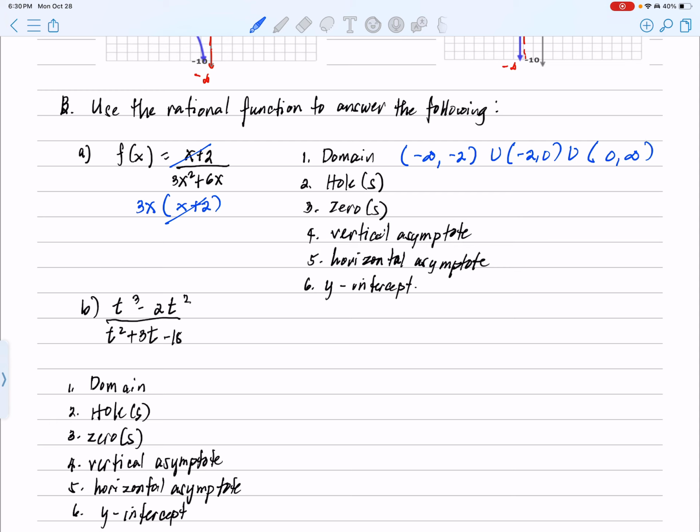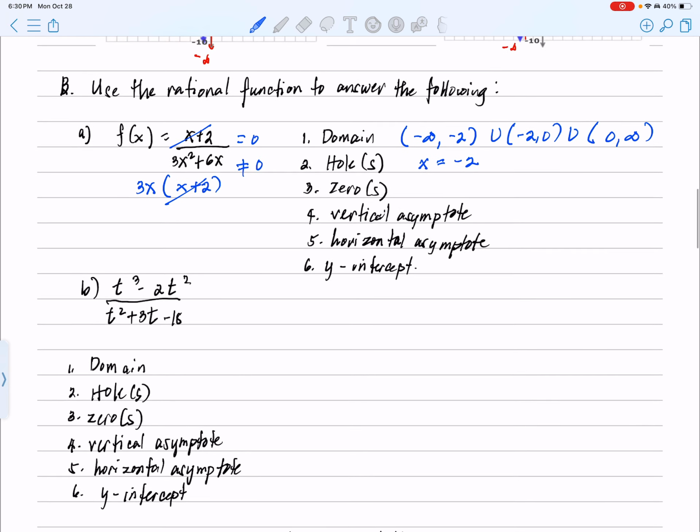What is our hole here? When x plus 2 equals 0, x is negative 2. And remember, in a rational function the denominator should not be equal to 0.